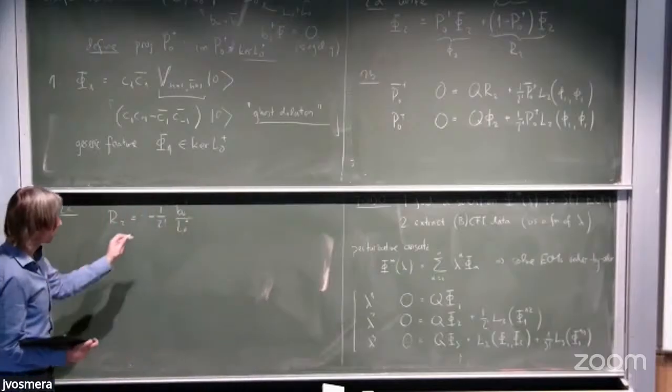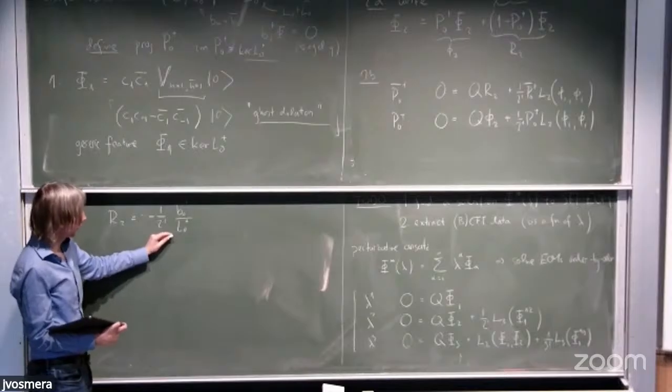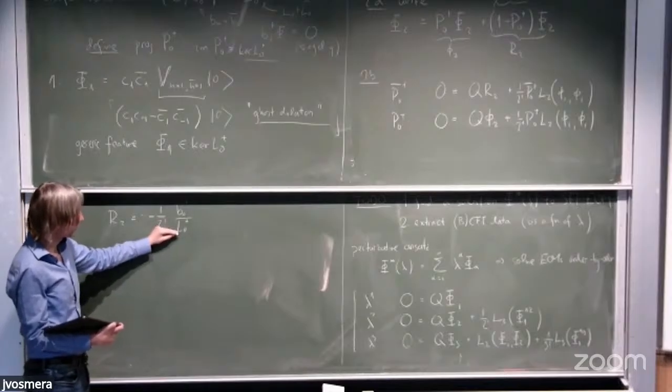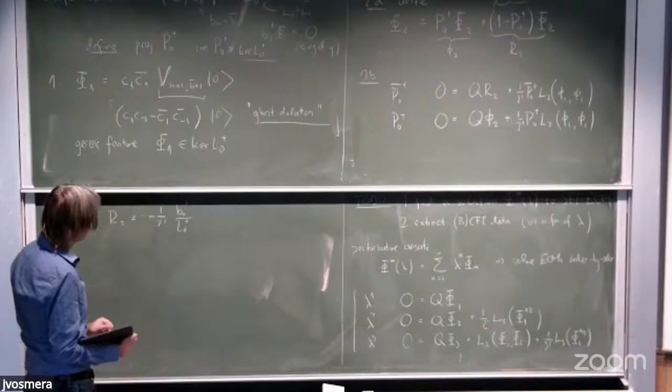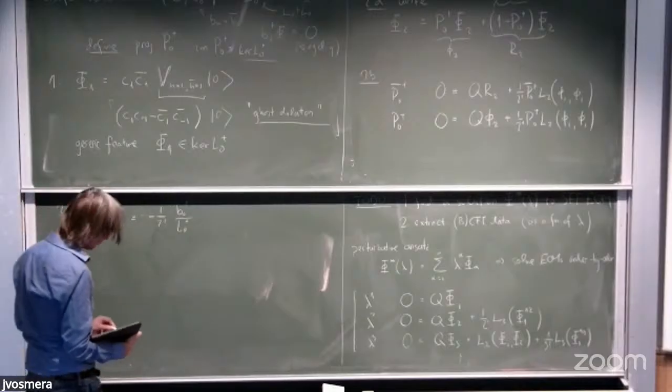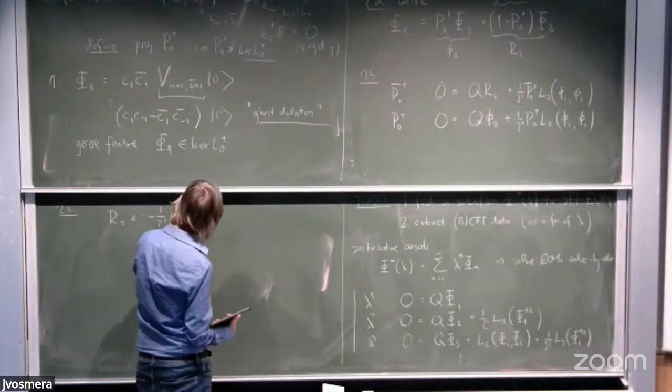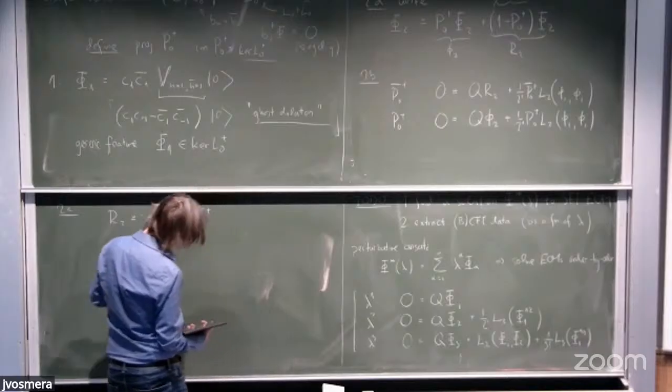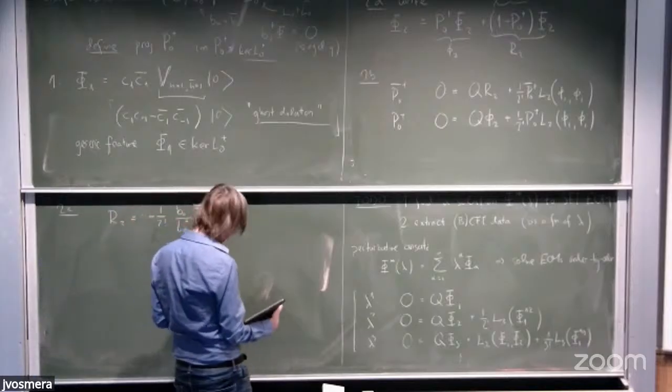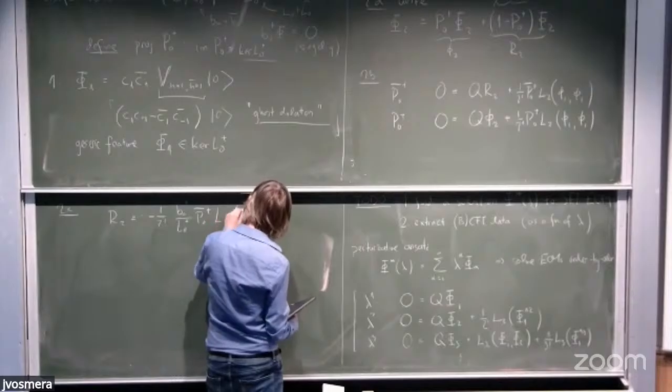Now, this in general would have been ill-defined, right? Because when I act with this L0 plus on states which are in the kernel of L0, I would just get an infinity, right? So I need to protect this 1/L0 plus with the projector P0 plus bar L2.